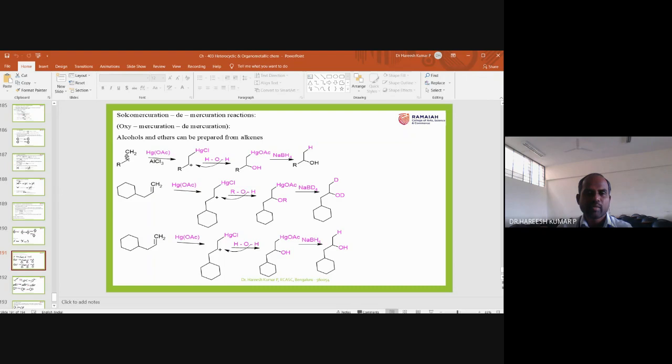Once a bond pair is involved in bond formation, this carbon attains a positive charge. The solvent present in the reaction mass attacks here. Water is present in the solvent, so it will attack this carbon and the product is obtained. What is the name of this product?